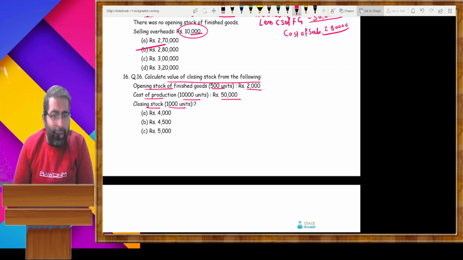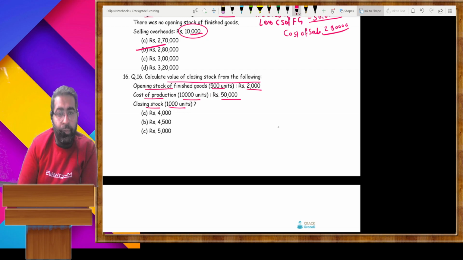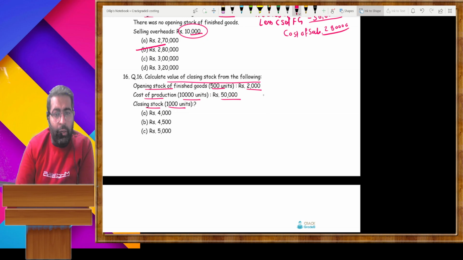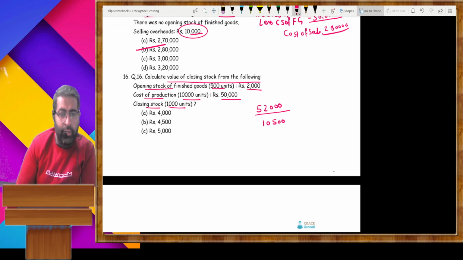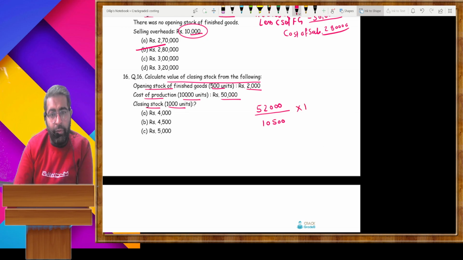Opening stock is always added, closing stock always deducted. So 50,000 and 2,000 gives 52,000. It is the cost of 10,500 units. Multiply by 1,000 because we need the cost of 1,000 units.